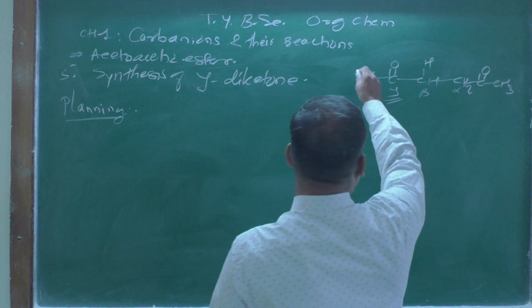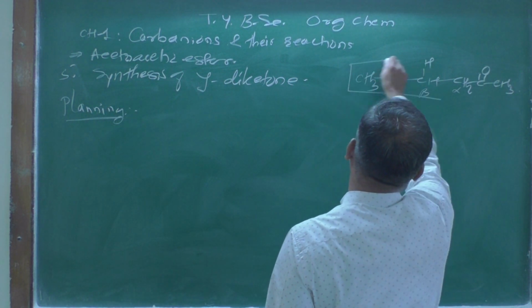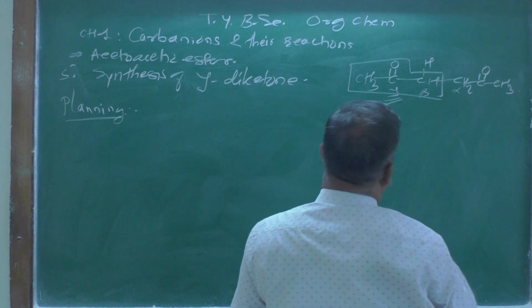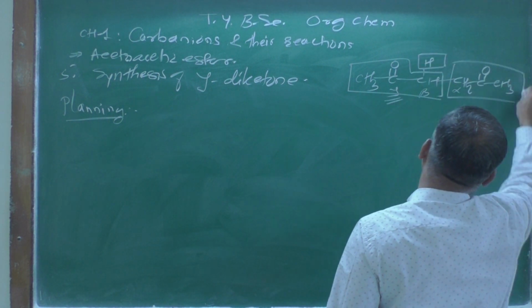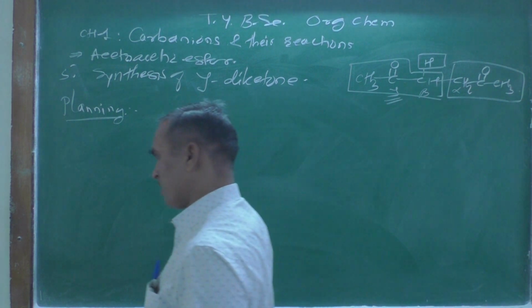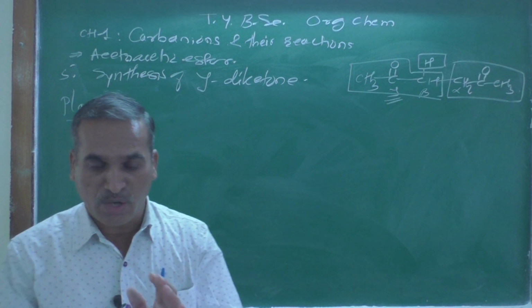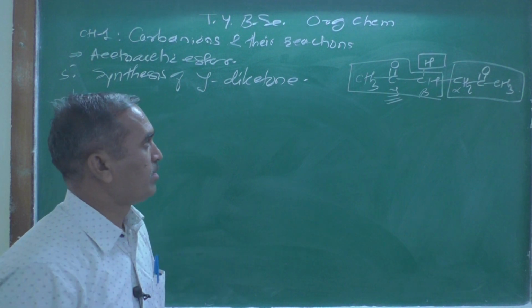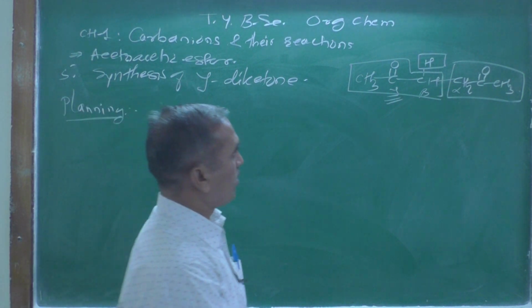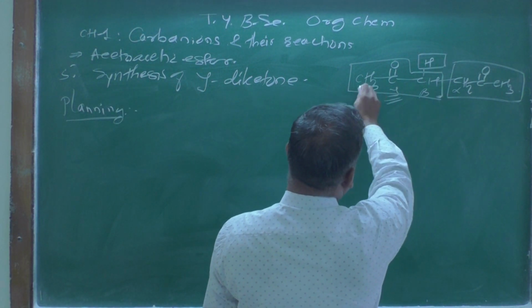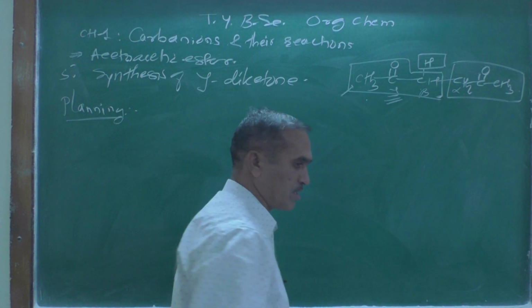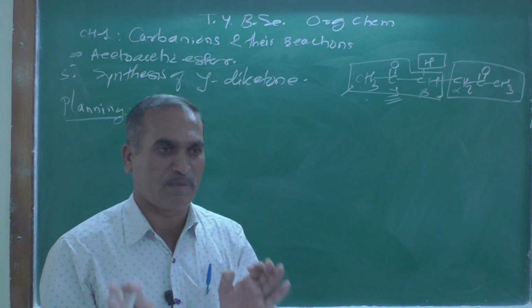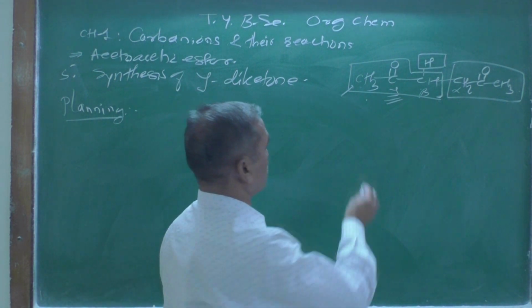I am marking here one part, another part here and another part over here, right? These are the parts I am marking. Now you are well aware of that fact. Look here, CH3, C double bond O, CH. This part is coming from acetoacetic ester, right?